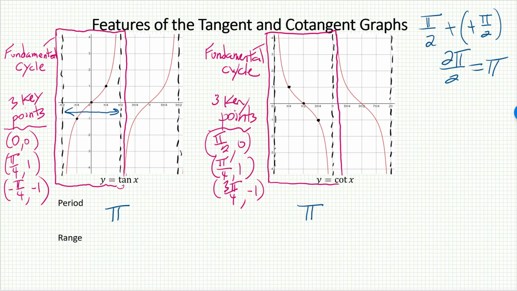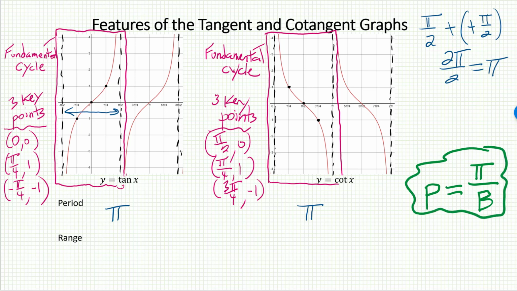One issue that we're going to have to remember when we start stretching these things out and changing the period: we've had that little formula, p equals 2 pi over b. The 2 pi was based on the regular period of the sine and cosine function. For tangent and cotangent, that means our formula is going to be p equals pi over b. So we're going to have to be careful with that when we're dealing with the tangent and cotangent functions.